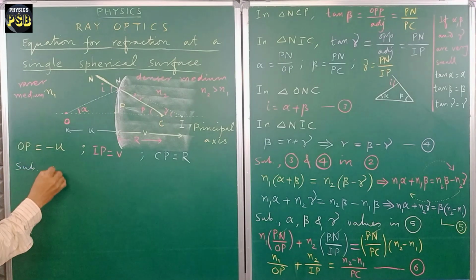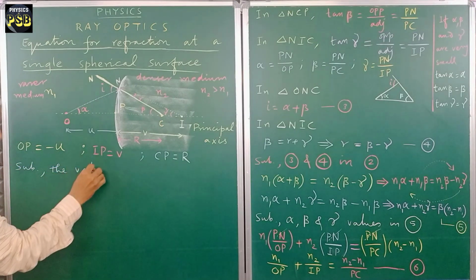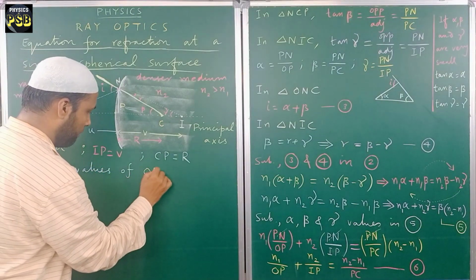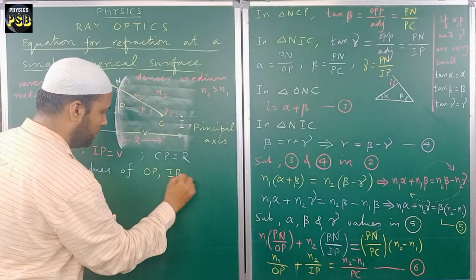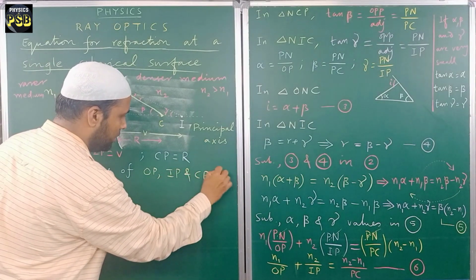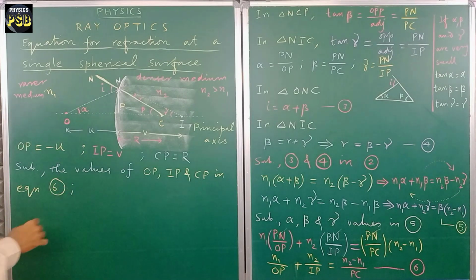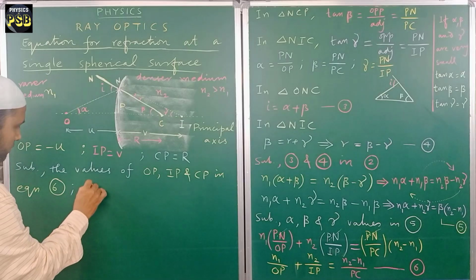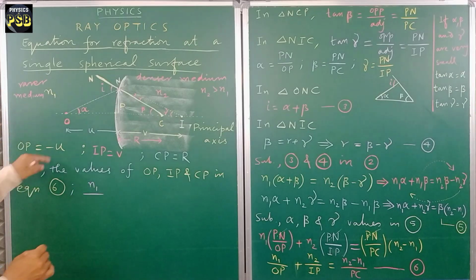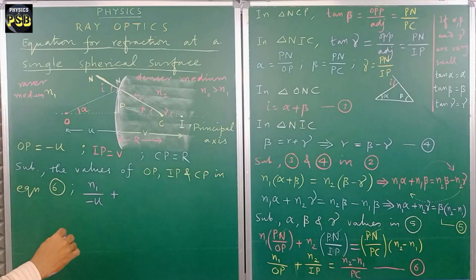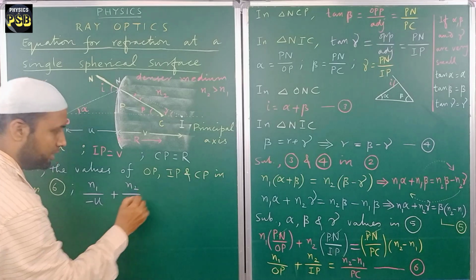Substituting the values of OP, IP and CP in equation 6, let's see what we get. We get N1 upon, in the place of OP I write minus U, plus N2 divided by IP.